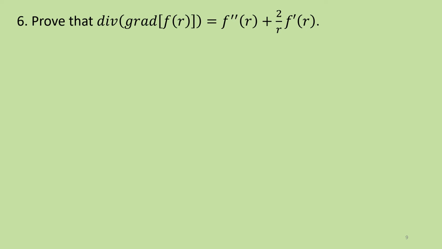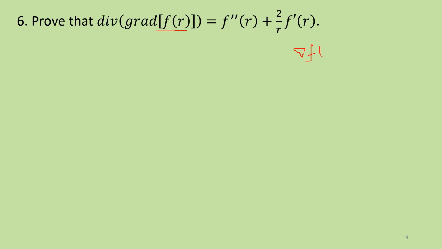The identity on div of grad of f is nothing but del dot del f, which we have taken, that is del square f, ∂²f/∂x² plus ∂²f/∂y² plus ∂²f/∂z². If your f is specifically a function of r, where r is the magnitude of the vector r, xi plus yj plus zk, then I can use this result immediately, as we have already taken the gradient of f of r.